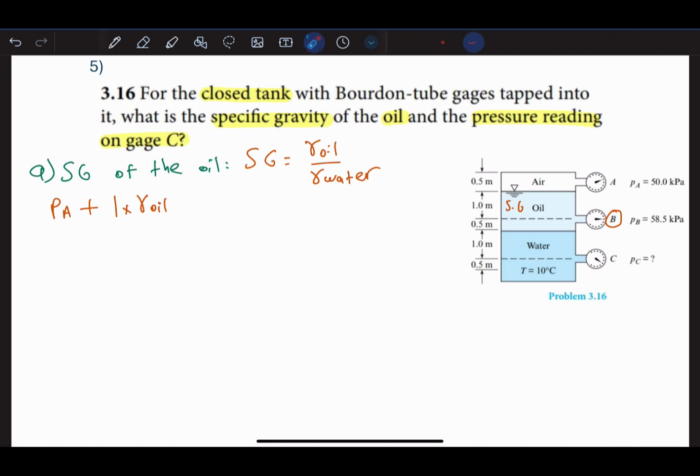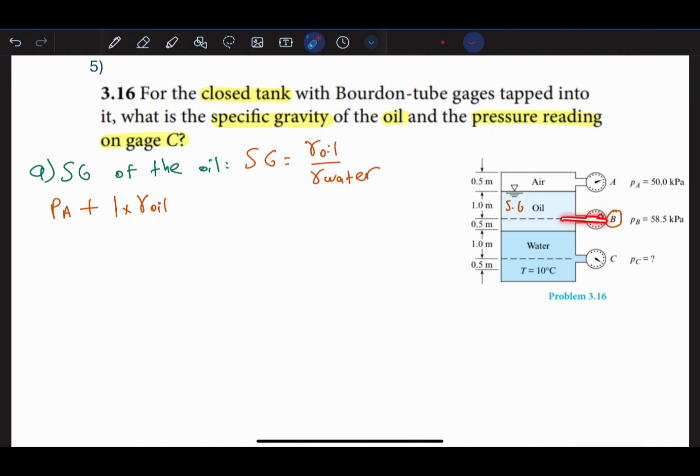So as I mentioned, for PB, which has 58.5 kilopascal pressure, it will have the pressure here. Since this is here, it will not have a hydrostatic impact on here, so we can directly get this value. So it will be PA plus this height.